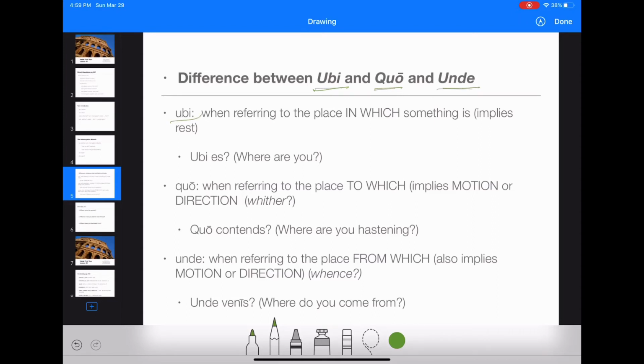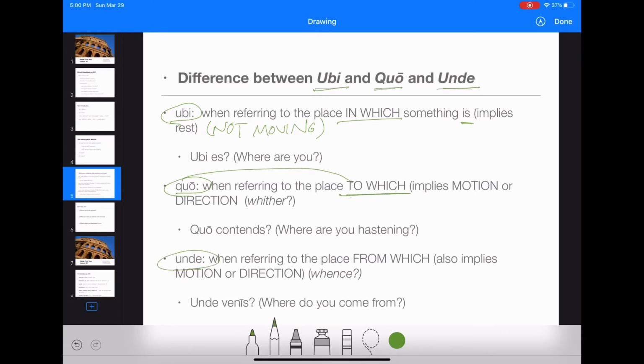So again, ubi is referring to a place in which something is located, and it implies that that object is at rest or not moving. So ubi means where are you? They want to know where are you right now. And we have quo, which refers to the place to which and implies motion or direction. So quo and to will go together.